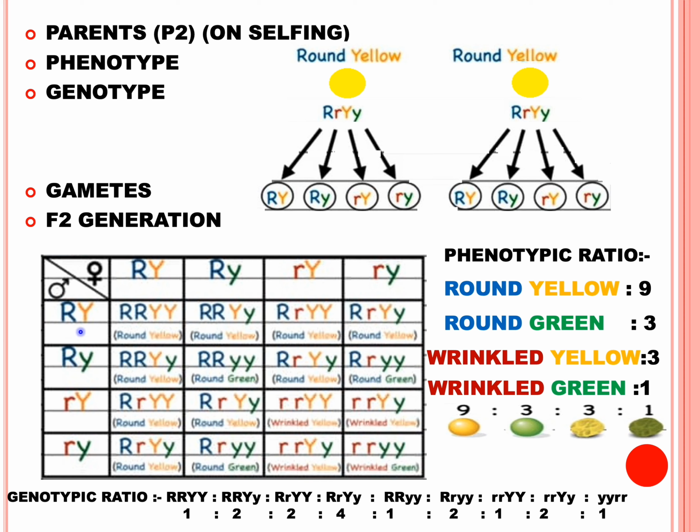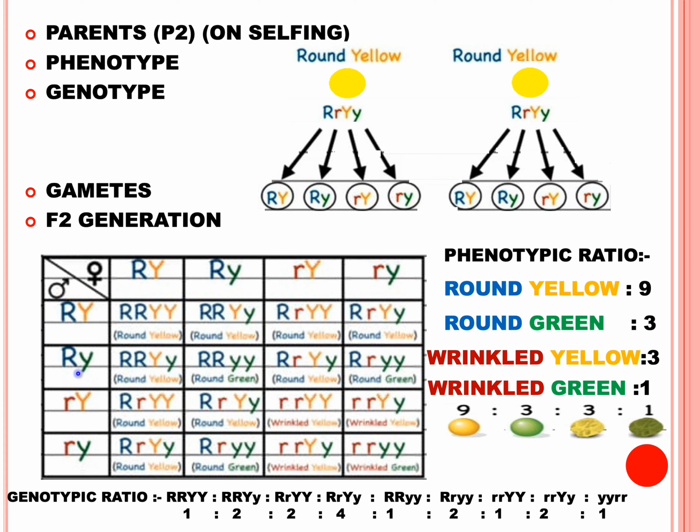In the same way, if this type of gamete with capital R, capital Y fuses with a female gamete having small r, small y, then the genotype would be capital R, small r, capital Y, small y, with phenotype round and yellow.